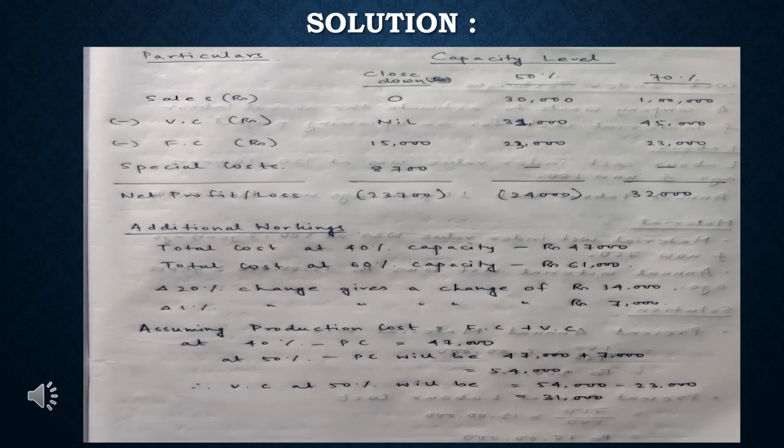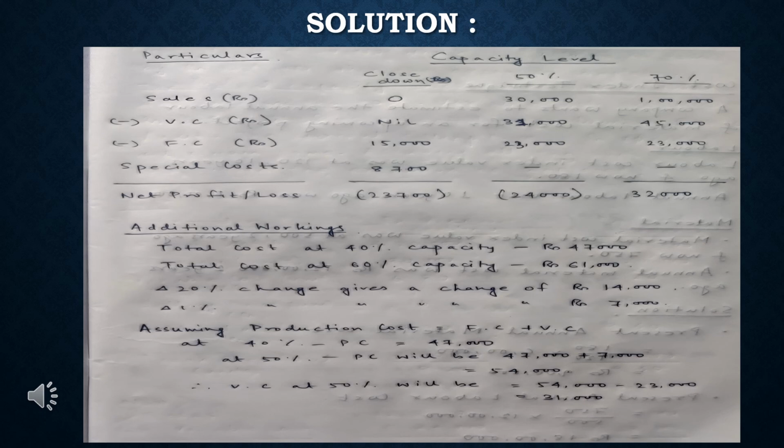But here the organization needs to reconsider its decision, as the loss of 300 rupees is very much negligible for an organization, and if the organization bears that loss for one particular year, of a negligible 300 rupees, it can earn 32,000 more after 1 year.